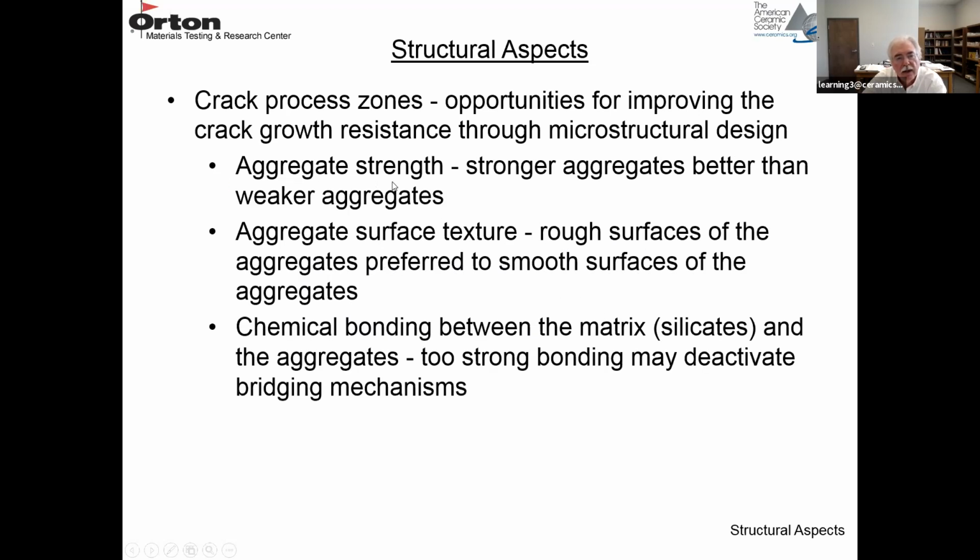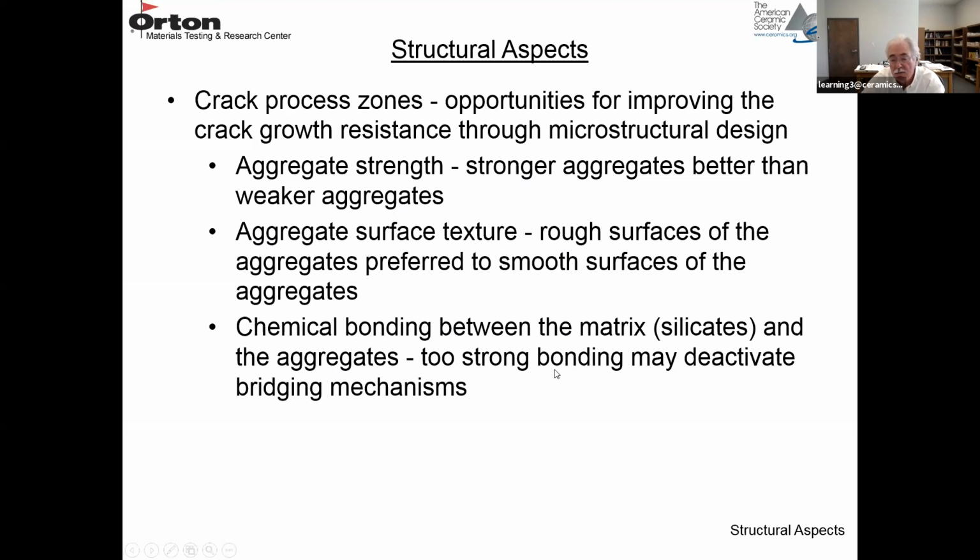Other possibilities, aggregate strength. Strong aggregates are better than weak aggregates, so you increase the aggregate strength. Aggregate surface texture. Rough surfaces are better than smooth surfaces. There's more interlocking with the matrix. And then the chemical bonding between the matrix and the aggregates. If the bonding is very strong, you're going to deactivate these bridging mechanisms. Fracture isn't going to go around the coarse particles, it's going to go through them.